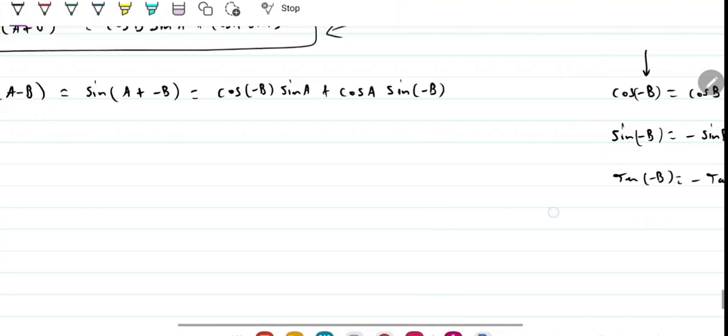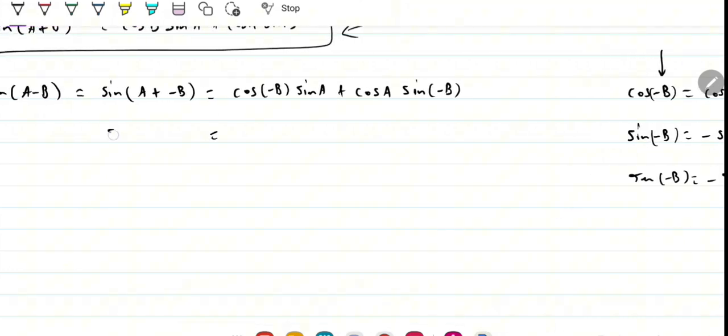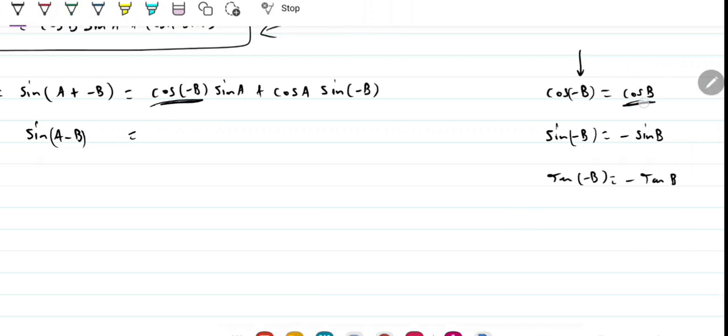All right, remember that. So sine of a minus b will be equal to the cos of minus b, which we know is just cos b, times the sine of a plus cos a times the sine of minus b. But we know that the sine of minus b is minus sine b.